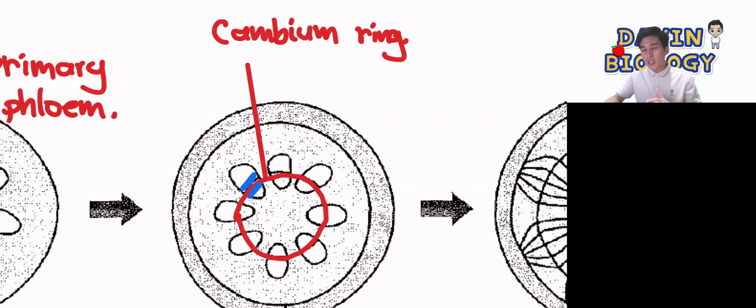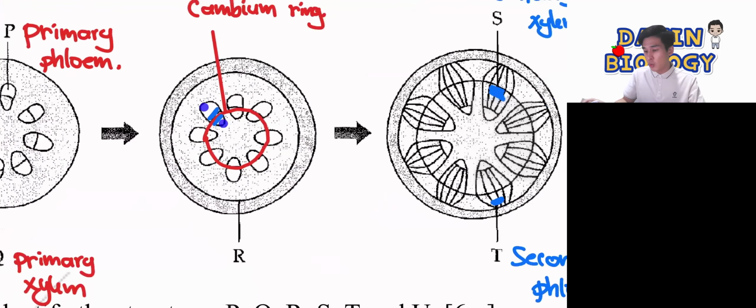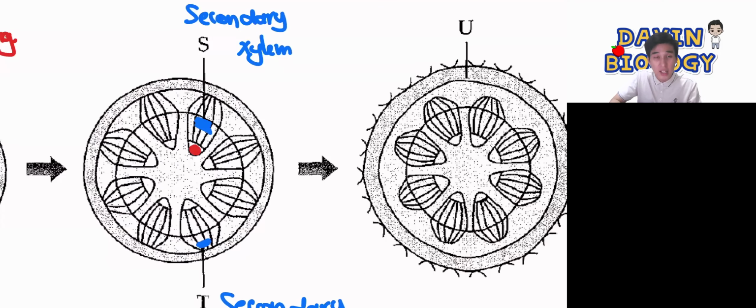When the cambium ring starts to undergo secondary growth, you will form two new tissues, one on the inside, one on the outside. Your primary tissue will always be further away. So if they ask you to label, this is basically your primary xylem. It has been pushed further away already. The primary phloem isn't shown here, but it will also be further away from the center because you push it out. The one closer to the center will always be the secondary.